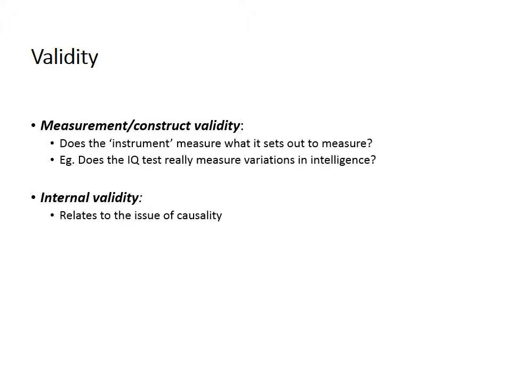We need to think about internal validity. How can we be certain that X causes Y? It's a causality effect. And this is particularly important when you're writing up your research. How can we be certain that X causes Y?